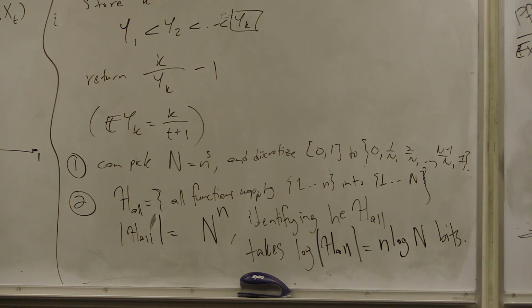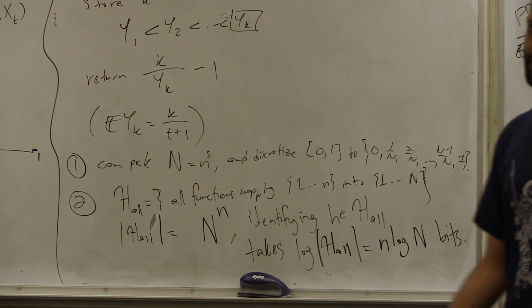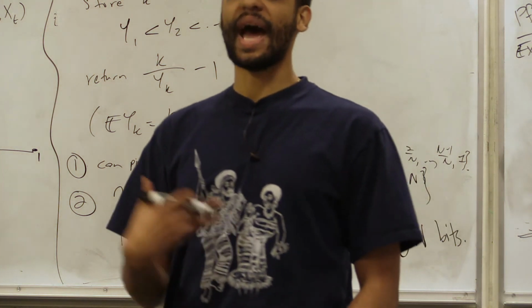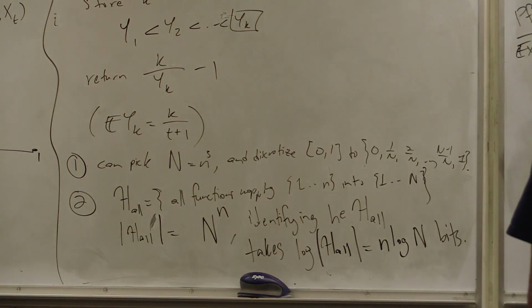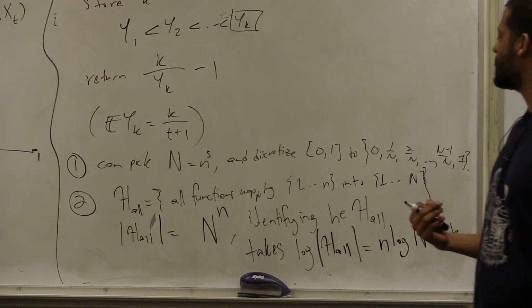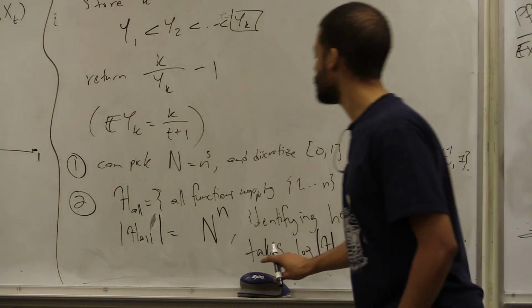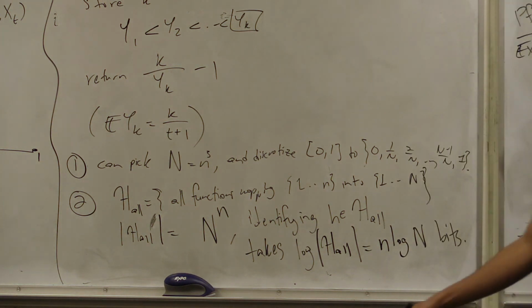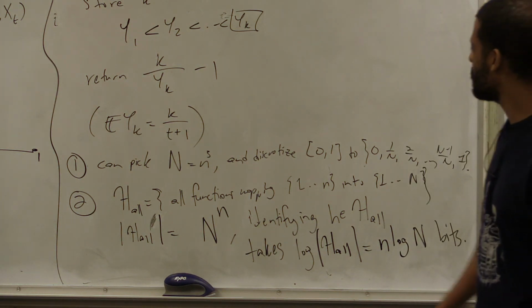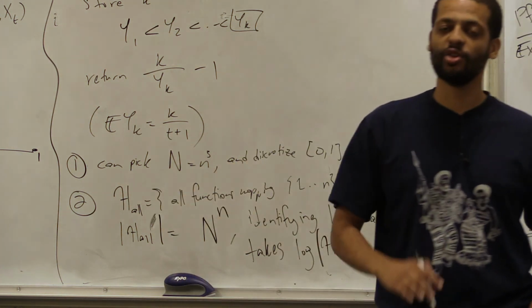Okay. So what you're going to see in 2 lectures when Professor Chiesa talks about hashing is that one of the key things in designing hash functions is basically showing that for a lot of applications, like for example in universal hashing, you can get away with a set of functions that's much smaller than h_all.